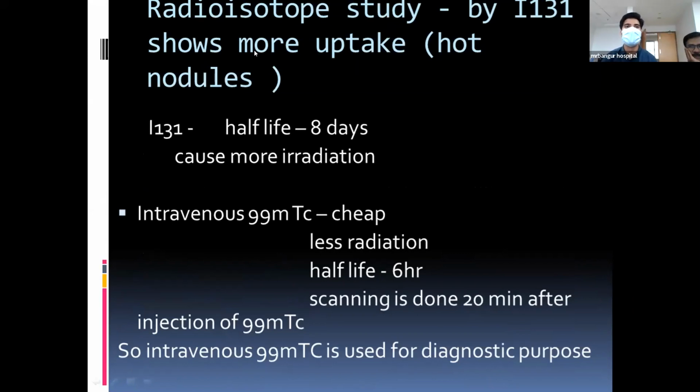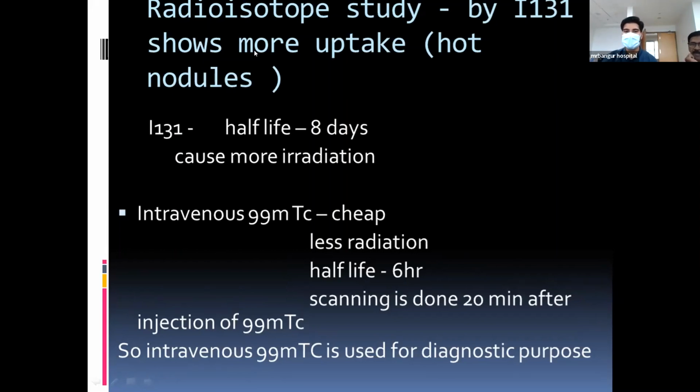And now coming to the radioactive iodine uptake, it is done by iodine 131 with a half-life of 8 days, but it causes more radiation. And if we are doing technetium-99 scanning, it causes less radiation. It has a half-life of 6 hours, and scanning is done 20 minutes after injection of technetium-99.